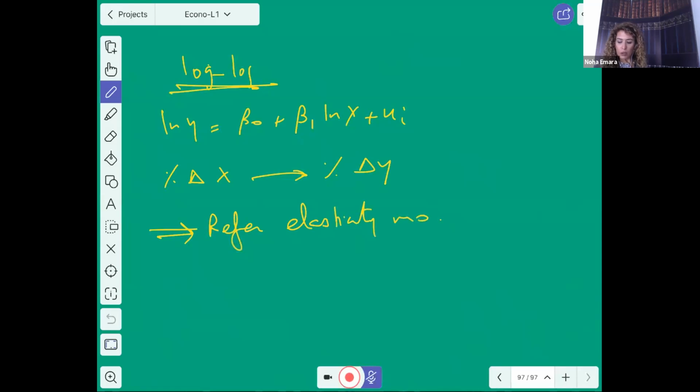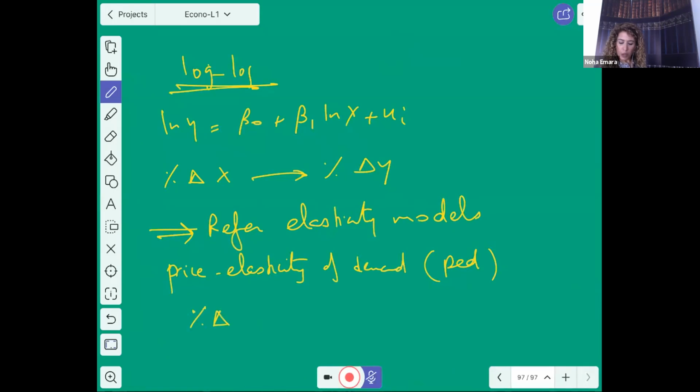Elasticity models, which is the price elasticity of demand, for example, can be any other type of elasticity. We abbreviate it as PED, price elasticity of demand. It's all about the percentage change in quantity demanded of good X because of the percentage change in the price of X. This is an application that you got in your micro.